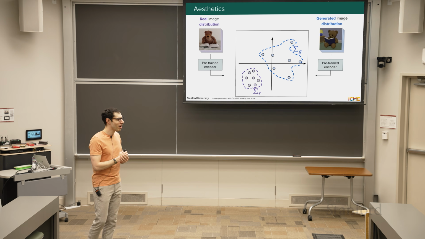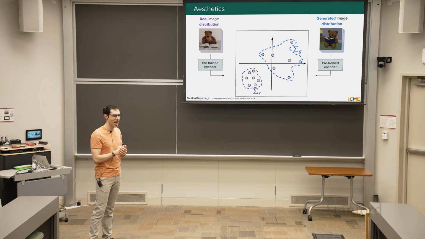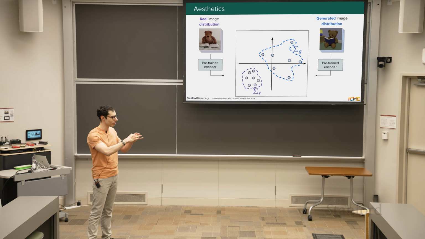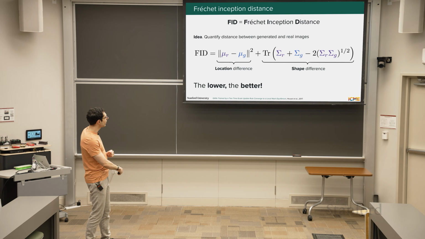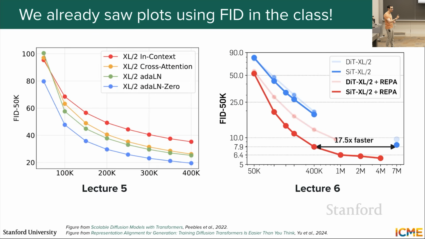Great question. So the question is, in practice, how large is the set of real images that you take? Typically 50K. And speaking of that, we've seen in lecture 5, I'm not sure if you remember, we had DiT, which measured its performance on that FID 50K scale.